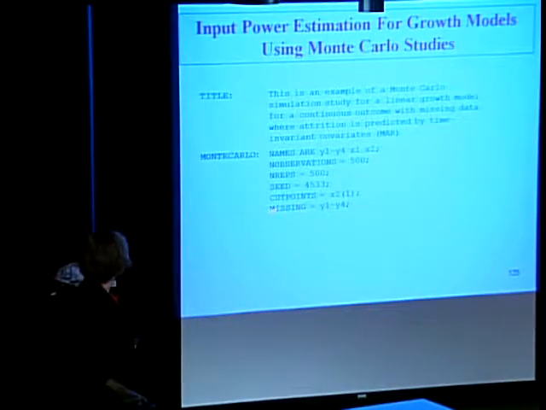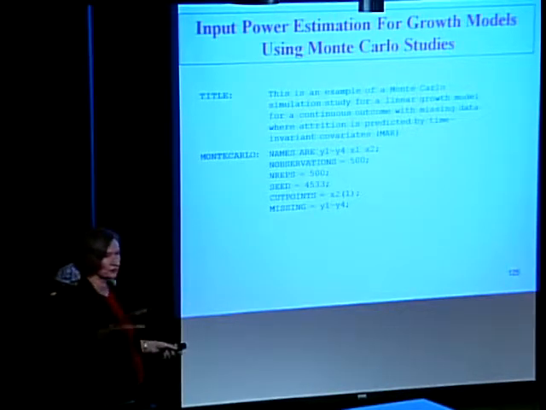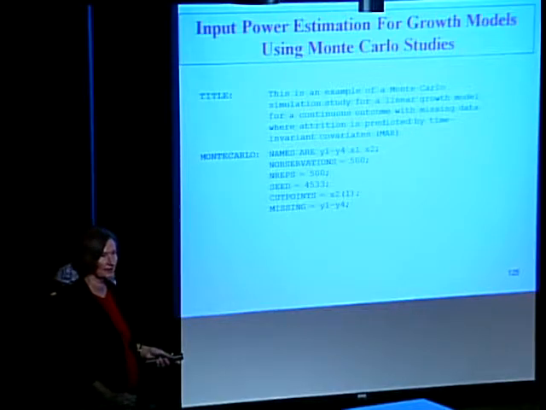The missing option is used to indicate for which variables you're going to have missing data. So we're going to have missing data on y1 through y4, and as we said, the attrition is going to be predicted by the time invariant covariates. So we're going to have missing data, attrition over time, and we're going to be able to model that in this simulation study.